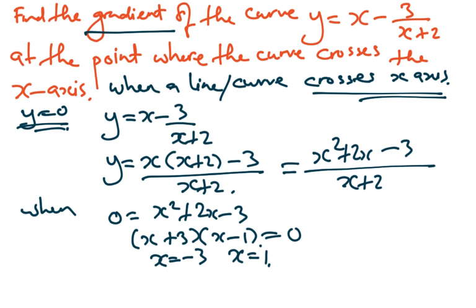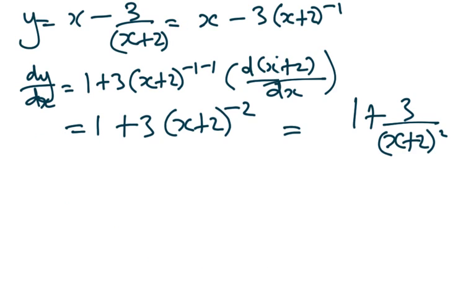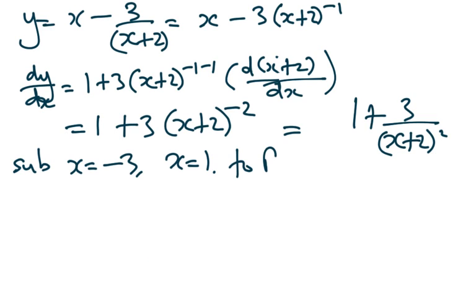From the previous page we already got x equals negative 3 and x equals 1. So sub x equals negative 3 and x equals 1 to find the gradient.